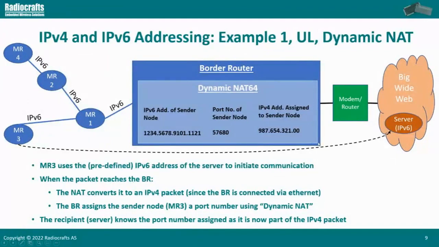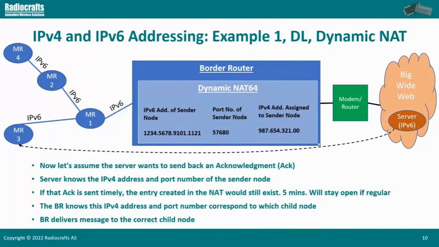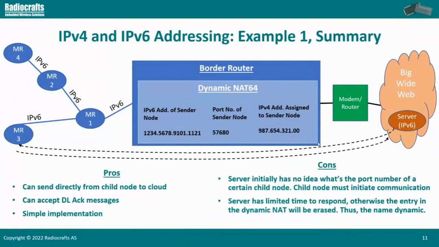So this was the uplink. This is the downlink we spoke about. That's a summary. So what are the pros of using this example one architecture called the dynamic NAT? The pros is that any child node can send directly to the cloud, and it can accept downlink acknowledgement messages, and it's quite simple because it doesn't really require anything from your side as a user.